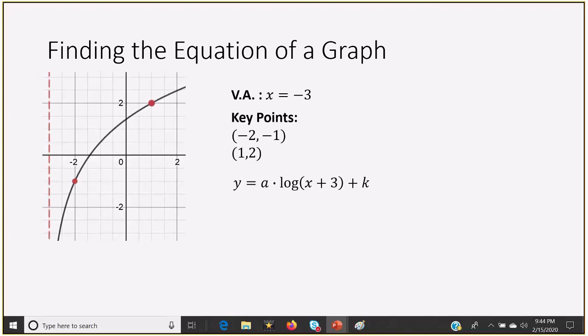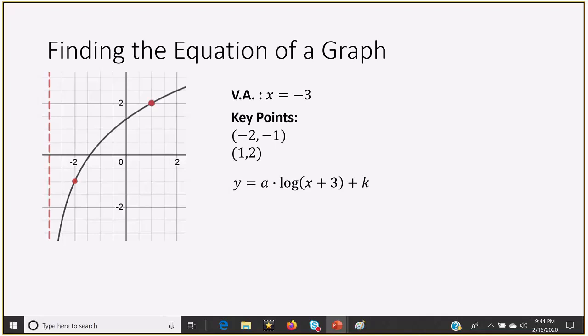So with that information, I know at least that my graph has been shifted to the left 3. So I can say, okay, I don't know overall what my logarithm function is going to look like. I'm going to choose my base as just log base 10, because that's the easiest to deal with. And then I'm going to say, okay, I know that it shifted left 3, so I have log of x plus 3.